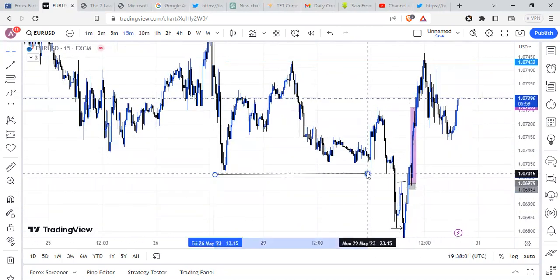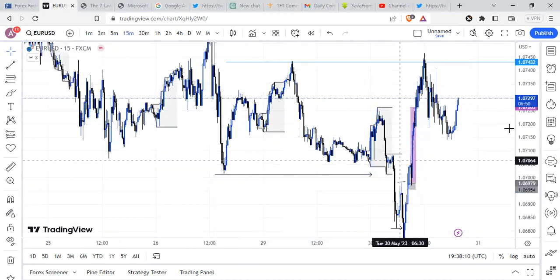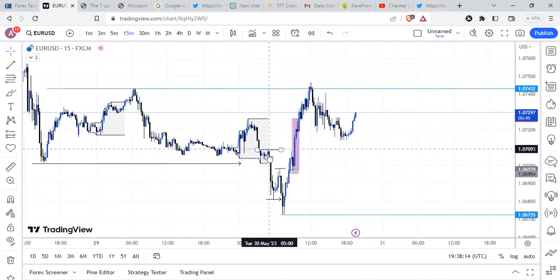But then something happened, right? So let me put on the Asian range indicator so we see what's up. All right, so this right here was in the morning. This is the Asian range. So around here, that was like 7 a.m. this morning.